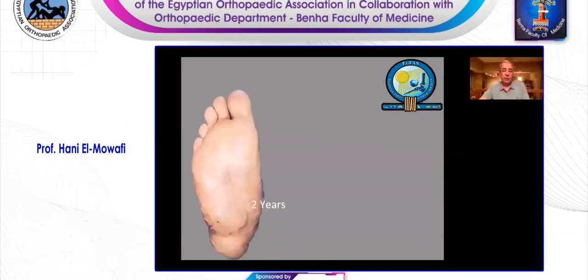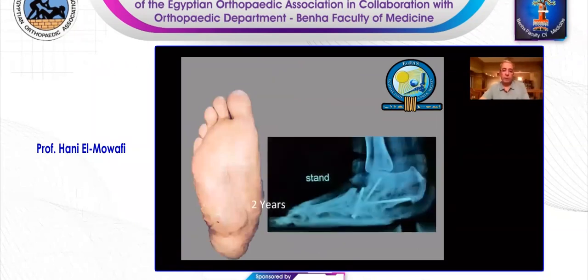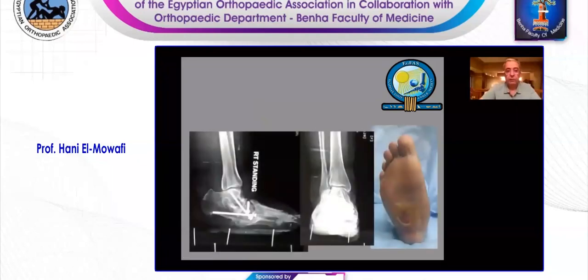And after 2 years, we found that the patient looks good here, but on the X-ray there is a plantar flexion of the ankle joint, and I think there is a tightness of the Achilles tendon, and mechanically it is unstable. So after 2 years also, the patient came to us with an ulcer here, as you see.